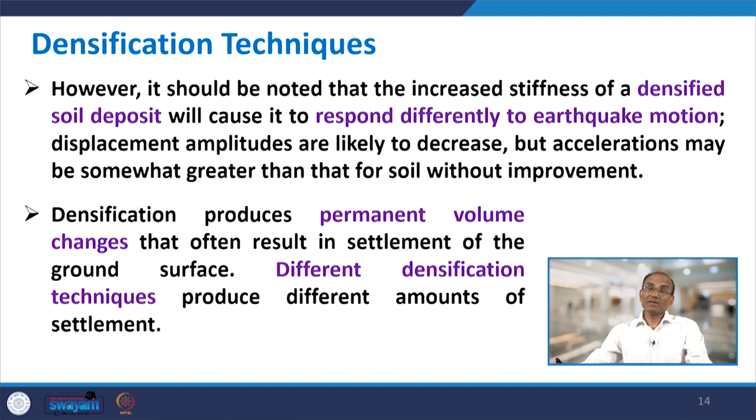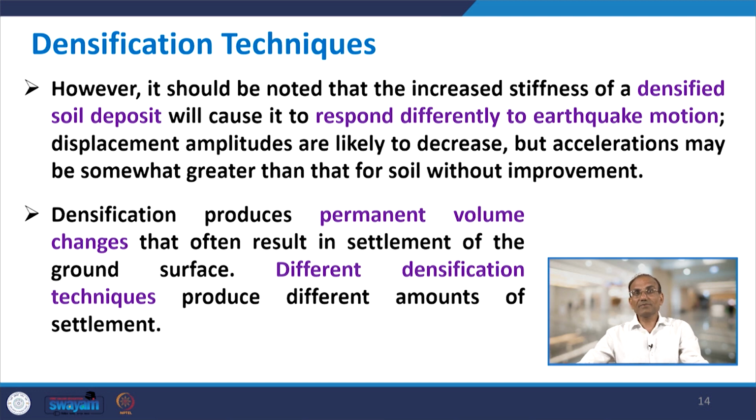So, the densified soil deposit will now respond differently to the same earthquake loading than when it was not densified. And two differences have come. After the densification, displacement is expected to be less, but the accelerations may be increased.